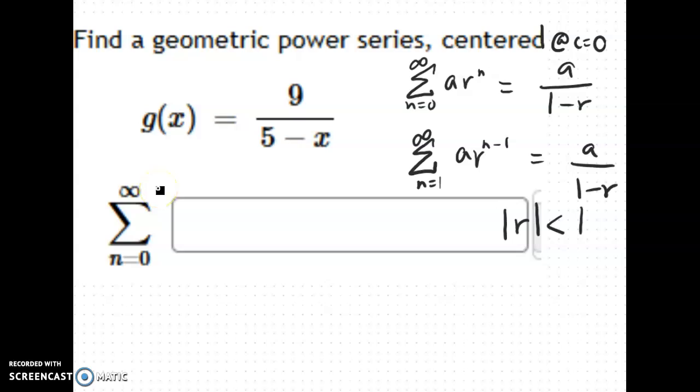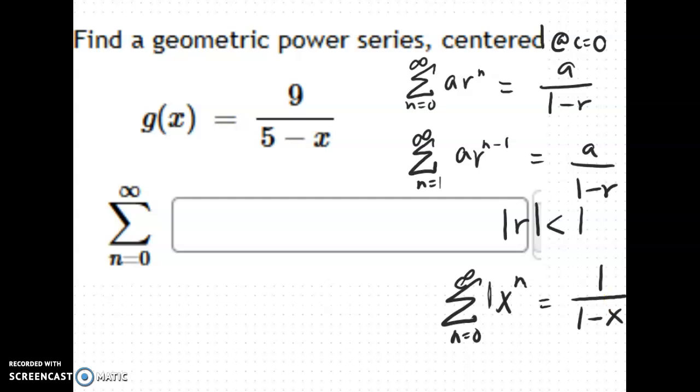So a geometric power series would be in the form of the sum from n equals 0 to infinity of x raised to the nth power. So in this case, the a is 1, and the sum of it would be 1 over 1 minus x, because our r is x here.